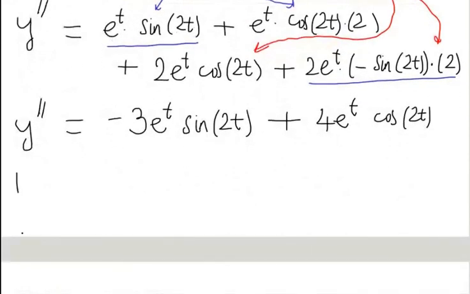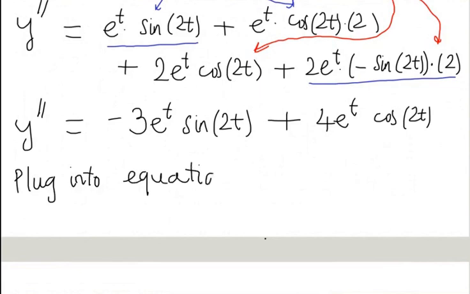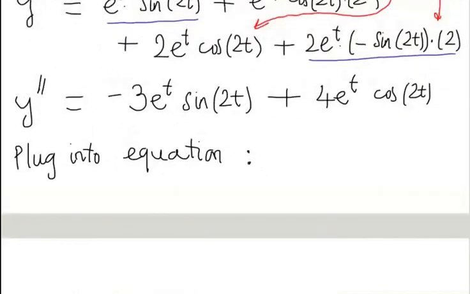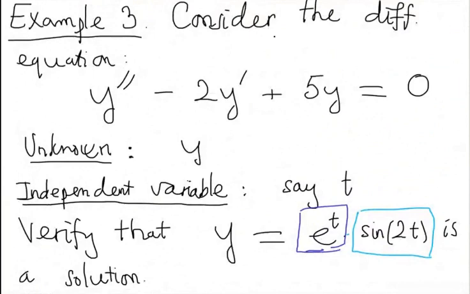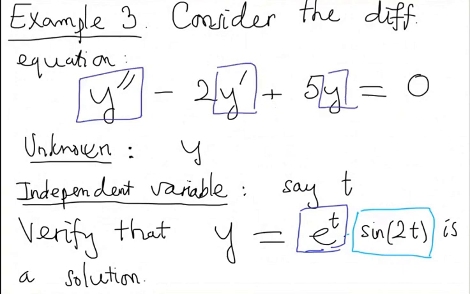Now let us plug into the equation. Let's go back to the equation right here. We need to have the second derivative minus twice the first derivative and then plus 5 times the function.